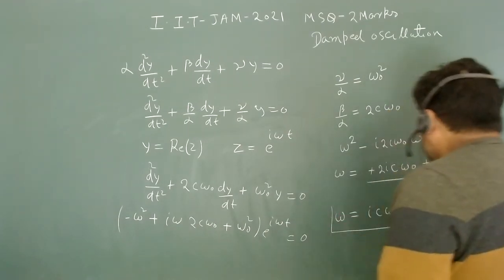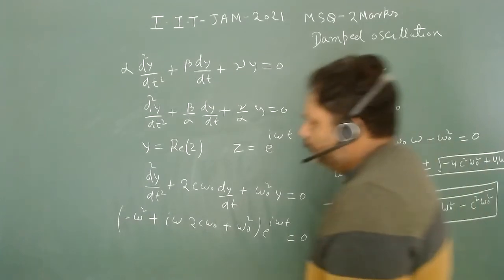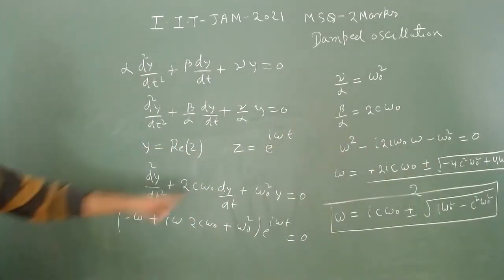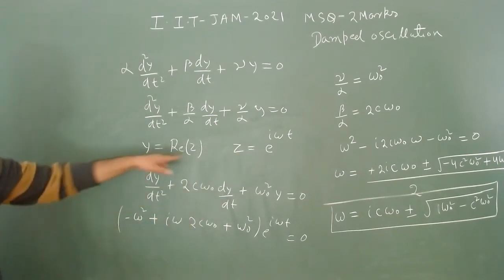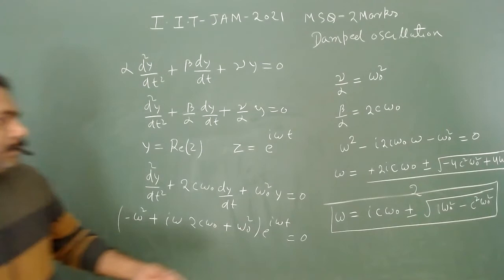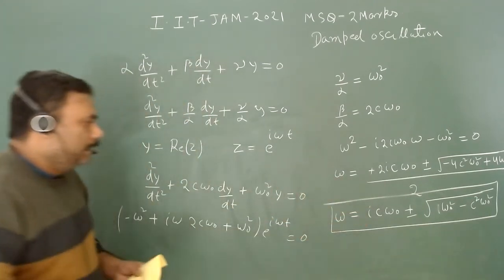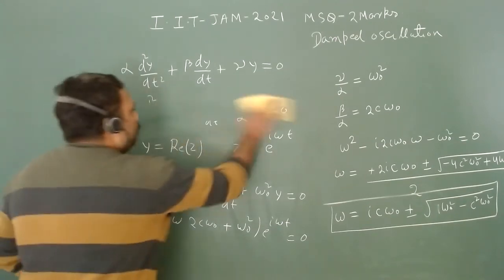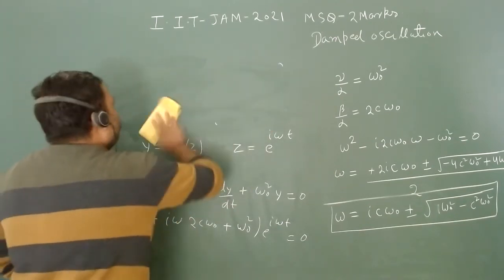So this is my value of omega. Now, once I get this value of omega, I can put it here and I have to take the real part. So when I take the real part, I am just removing this part. This is not needed and this is also not needed.